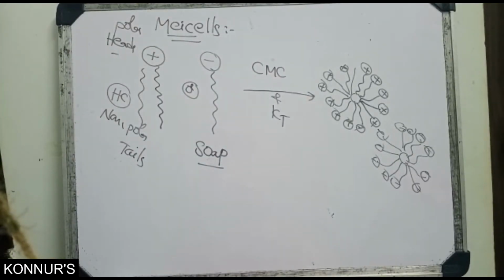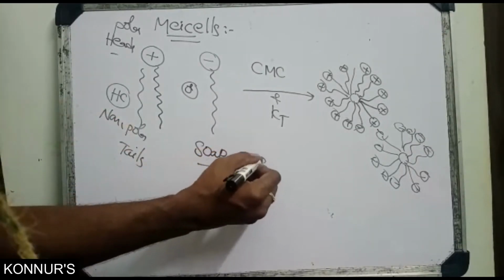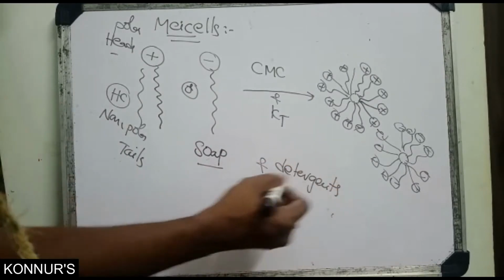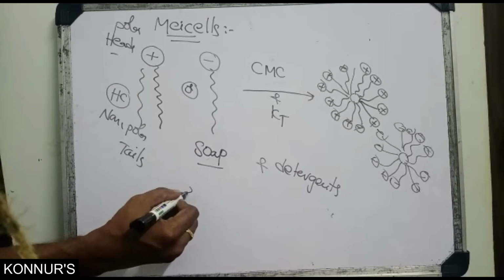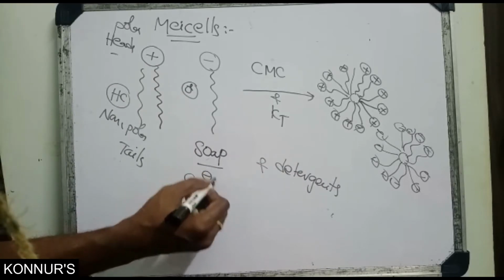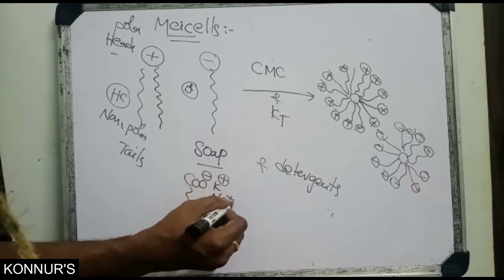Next, what is the difference between soap and detergent? See, in soap the hydrocarbon chain is a long chain only, but here it ends with COO minus, K plus, or Na plus.